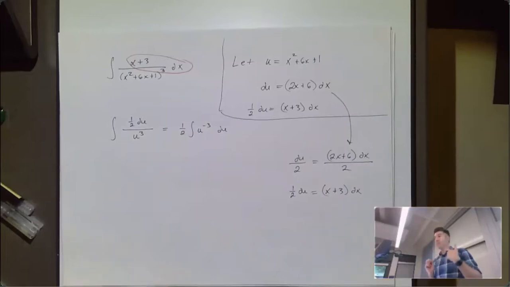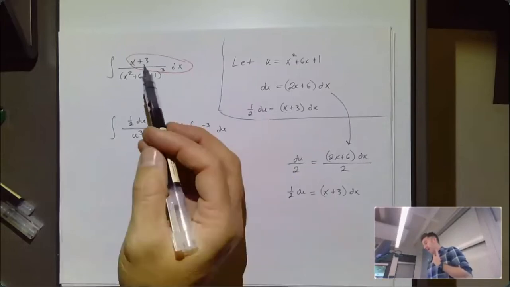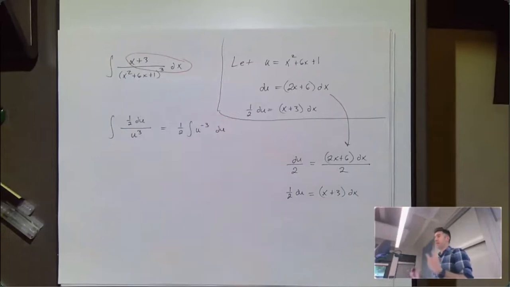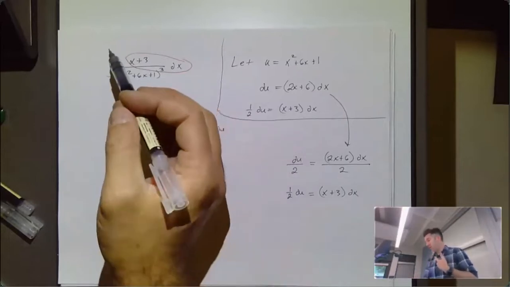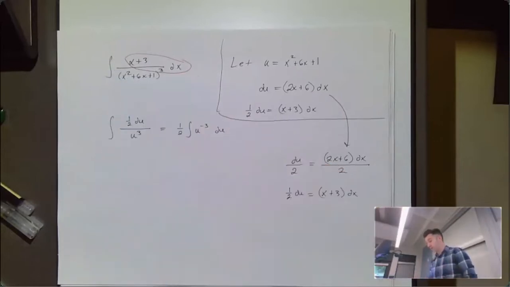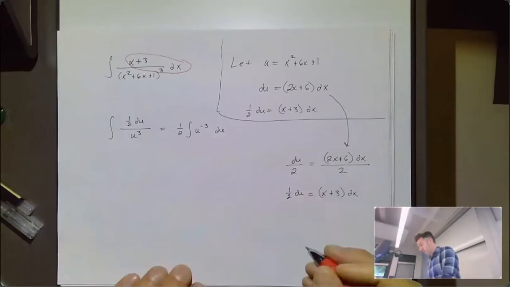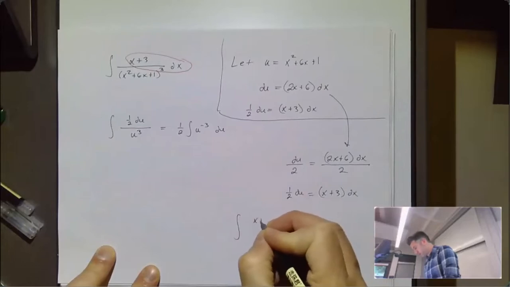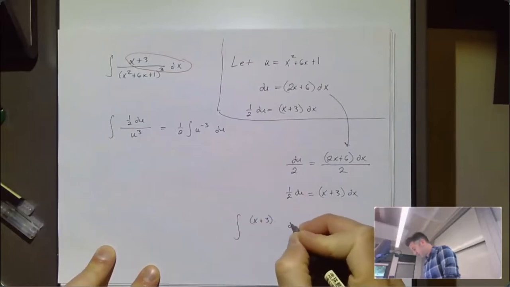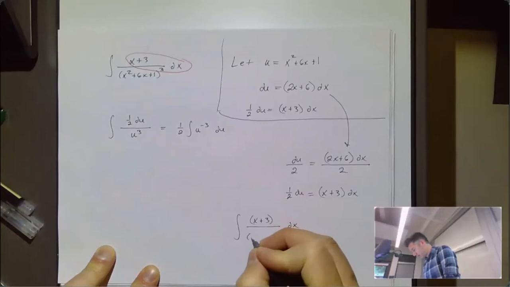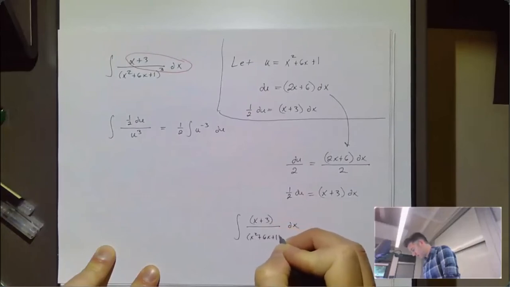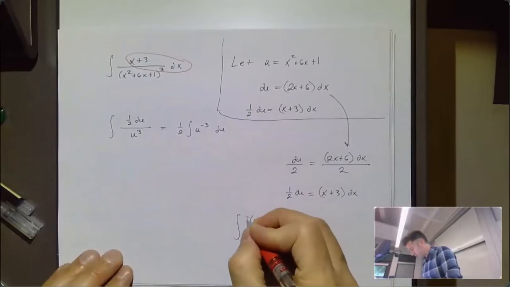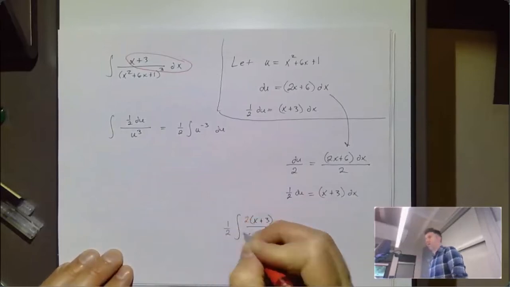And again, I'm trying to make it so that what I have over here looks like what I have in the integral, but some people like to do the opposite thing and say, I want to make the integral look like what I have over here. So an equally valid way of getting there would have been to say, I'm going to take my integral x plus 3 dx over x squared plus 6x plus 1 cubed, and I'm going to both multiply by 2 and by 1/2.